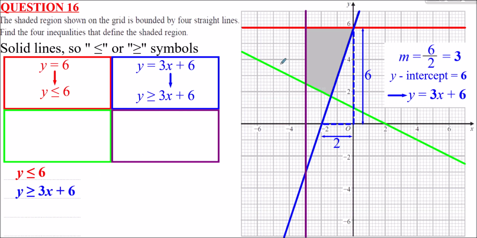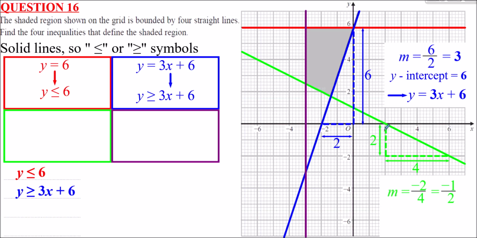Now the green line. Again, pick 2 points, and then we can work out the gradient and the equation of the green. Thinking of this green line, I'm going to pick this point here, 2, where it crosses the x-axis, and this point here, which is 6, minus 2. Between these 2 points, we're going 2 down, 4 across. We calculate the gradient by doing change in y over change in x.